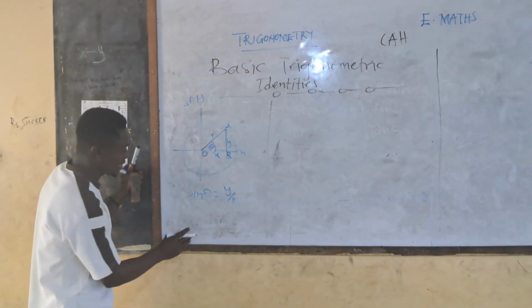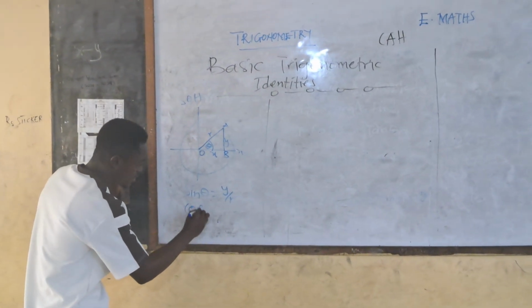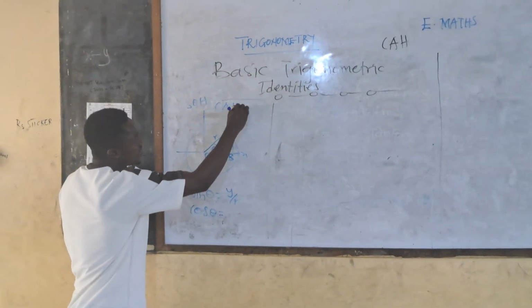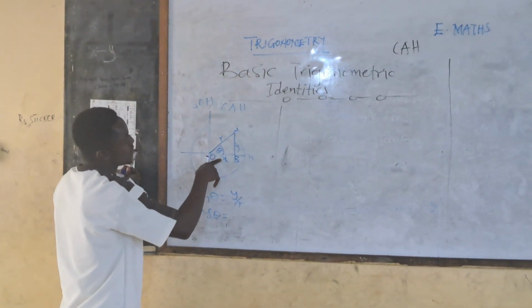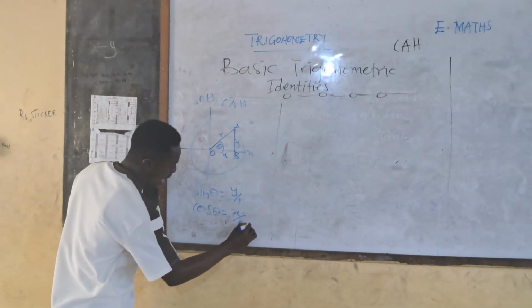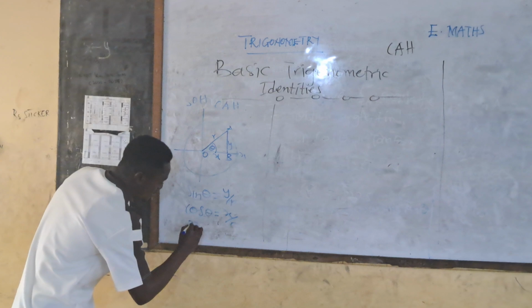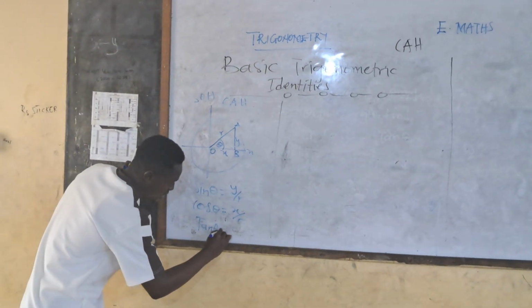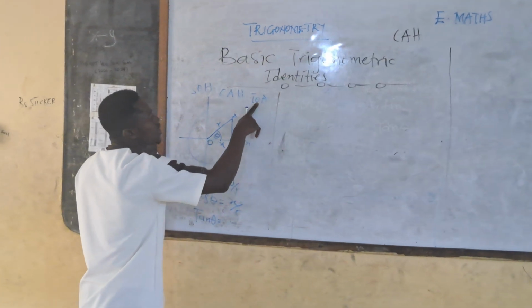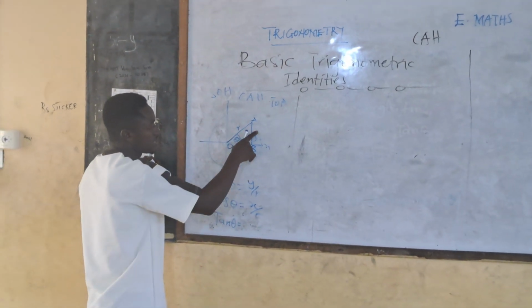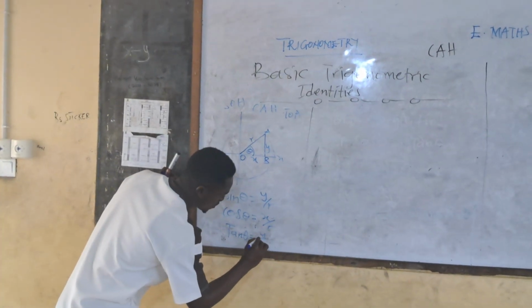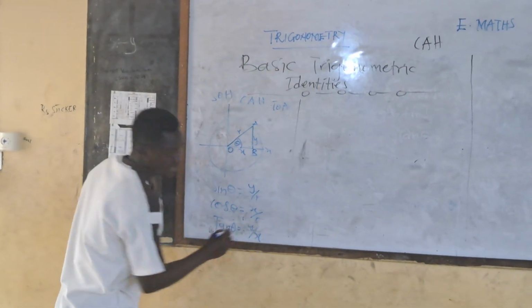We are just revising. Then we have cos theta, which is adjacent over hypotenuse, which becomes x over r. Then tan theta, which is opposite over what? Adjacent, which was y over x.